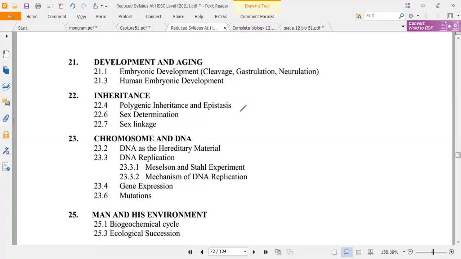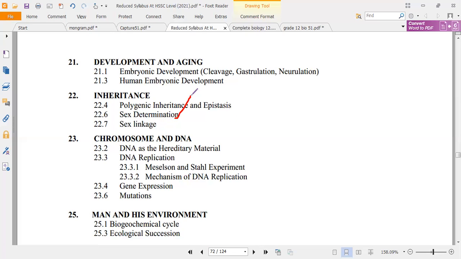So sex determination is included, and in that there is a pattern of sex determination, that is also included.